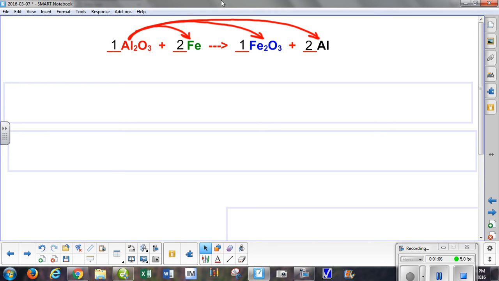What I have just done is I have connected the first substance here, aluminum oxide, to iron, and then to iron 3 oxide, and then to aluminum. So now you can see aluminum oxide hooked to iron, and then it's hooked to iron 3 oxide, and then it's hooked to aluminum. Next, we're going to connect everything to everything by going down to the bottom side for our arrows, and watch how these go.